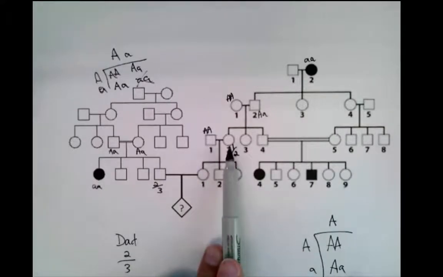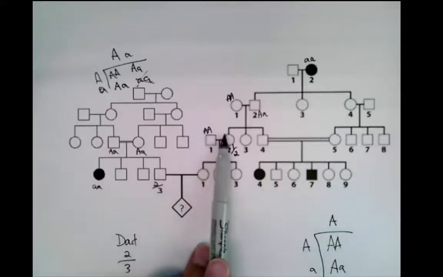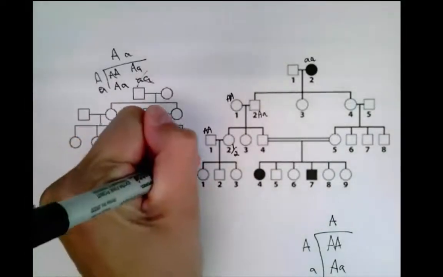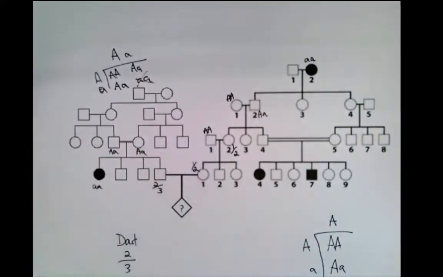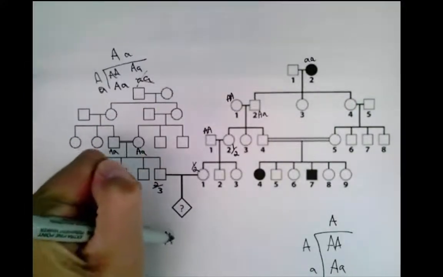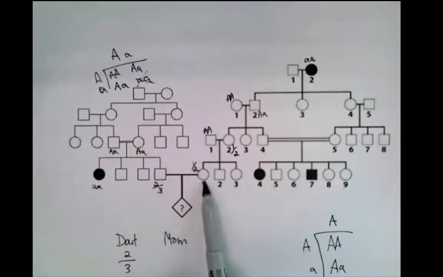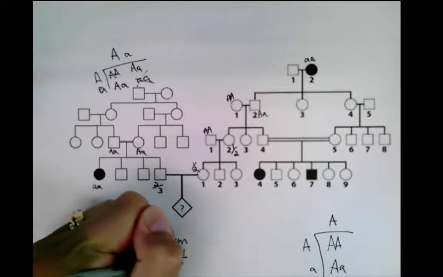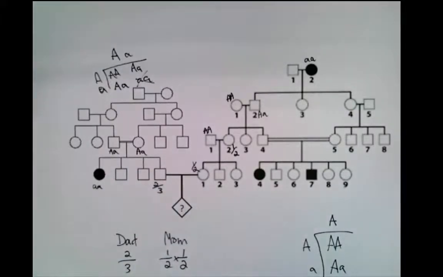If she is a carrier, this is the same cross as the previous generation, big A big A times big A little a. And the probability of her child being a carrier would be 1/2. So now the overall probability that this mom is a carrier is 1/2 times 1/2, or 1/4.